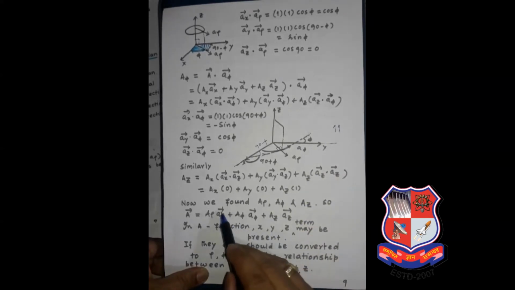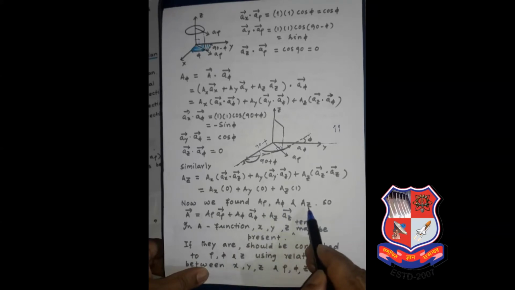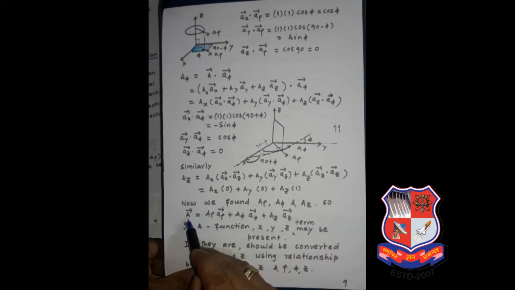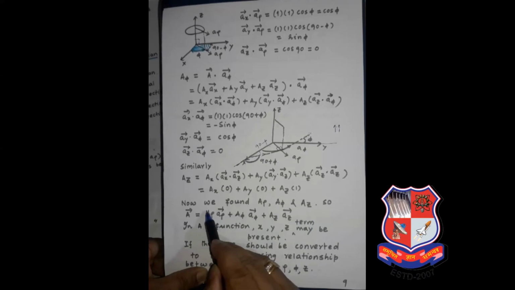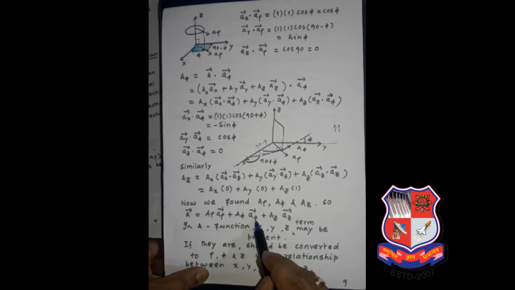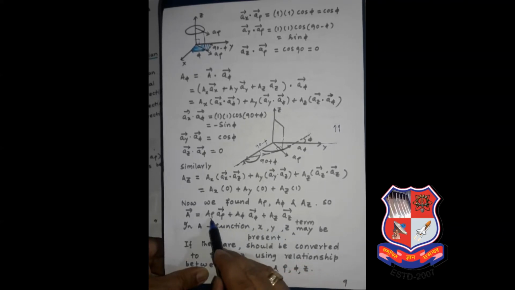So now we found a rho, a phi and az. The vector a can be expressed as a rho multiplied by a rho direction, plus a phi multiplied by a phi direction, plus az multiplied by az direction. After writing this equation, we may find that this a rho, a phi, az may contain x, y, z terms, that we will see.